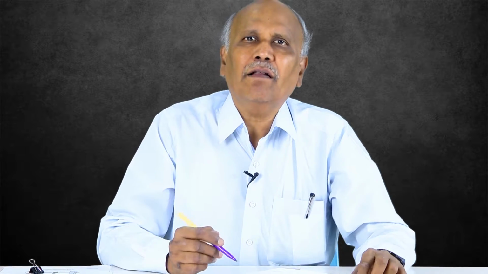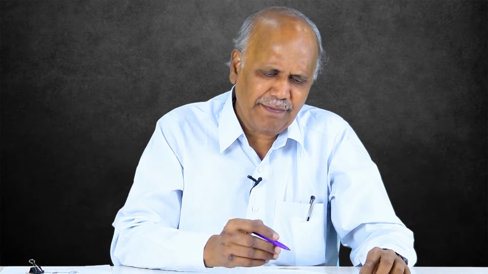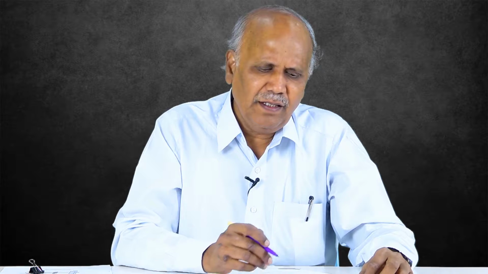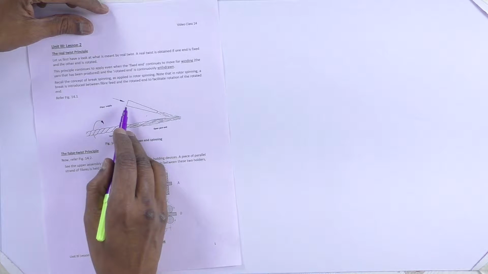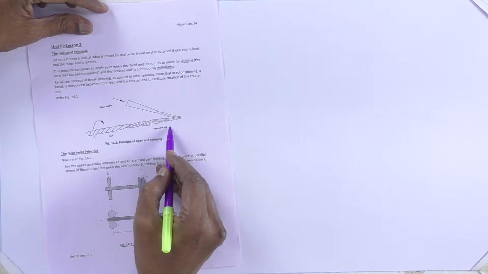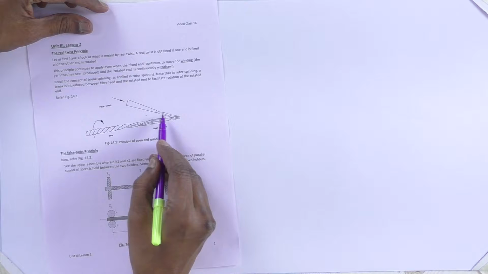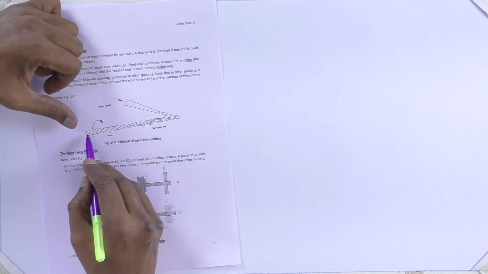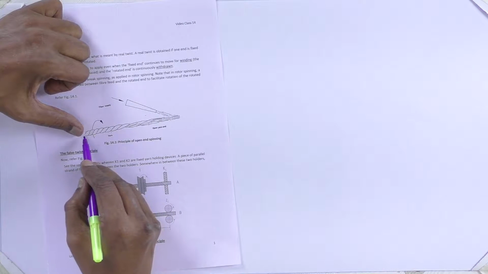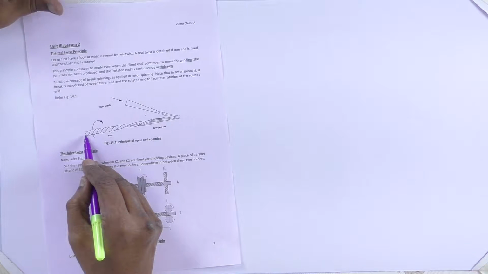Now let us look at the diagram. Already we have seen, to recall the idea, we'll see here. Here you can see there is a fiber feed tube, and this in rotor spinning is the rotor groove, and in the rotor groove the fibers are deposited, and here the yarn that is already formed, and one end is on the package.